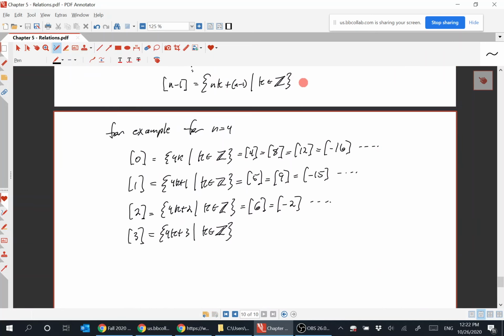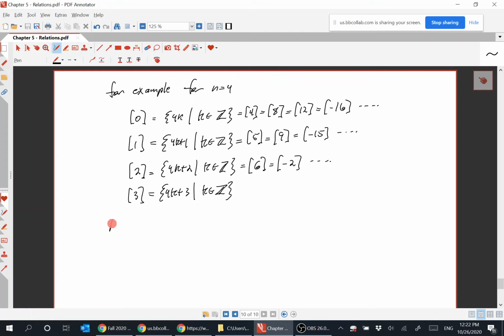So, for example, for n equal to 4, the equivalence class of 0 is all the multiples of 4, which is the same as the equivalence class of 4. Again, the things equivalent to 4 are the multiples of 4. But 0 seems to be the right choice to represent that equivalence class rather than any other multiple of 4. And then you have the equivalence classes of 1, 2, and 3.